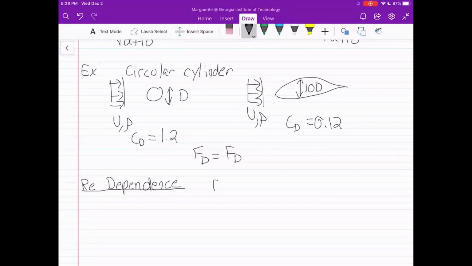Just to remind you, Reynolds number is density, velocity, some length, which is either d or L, over viscosity. For Reynolds numbers less than 1, so really low Reynolds number flows, there is a balance between viscous and pressure forces.